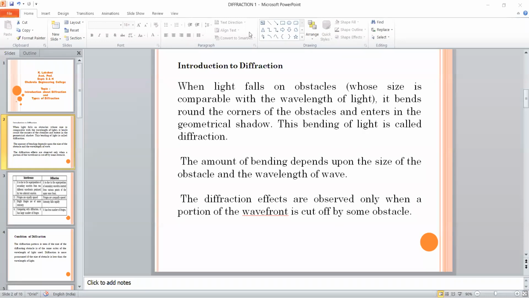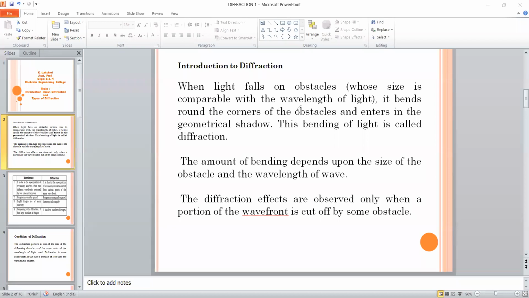Now, in this class, we discuss the diffraction topic. So first of all, what is diffraction? When light falls on obstacles, it bends around the corners of the obstacle. So here, what is the meaning of obstacle?